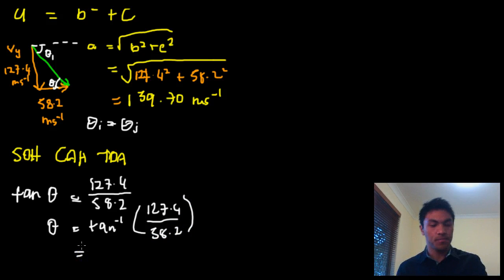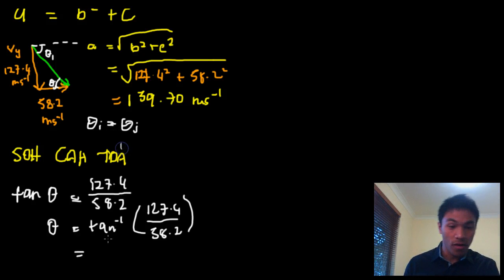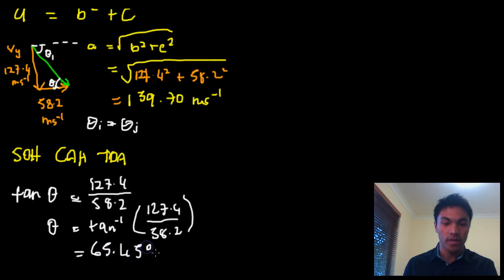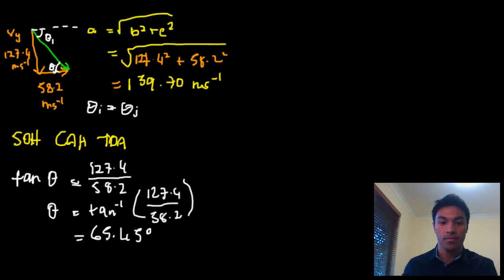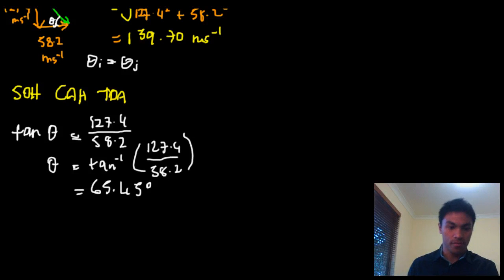So inverse tan of 127.4 divided by 58.2 should give us an angle of 65.45 degrees.